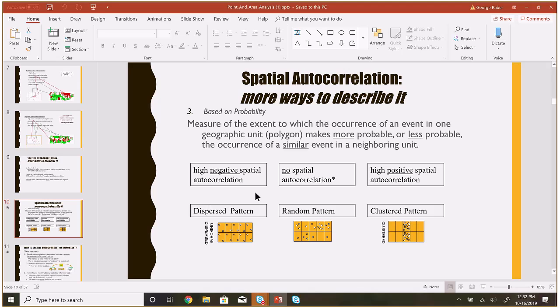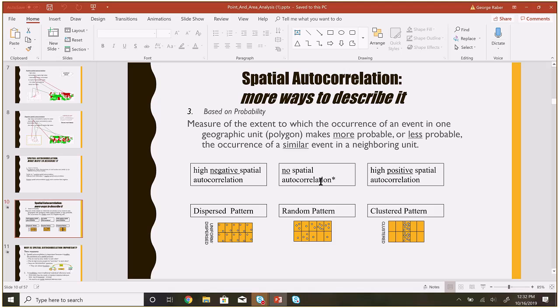Usually we're looking at a pattern and we're trying to decide, is it dispersed? Is it clustered? But the default assumption, the null hypothesis, if you will, is that the pattern is random.